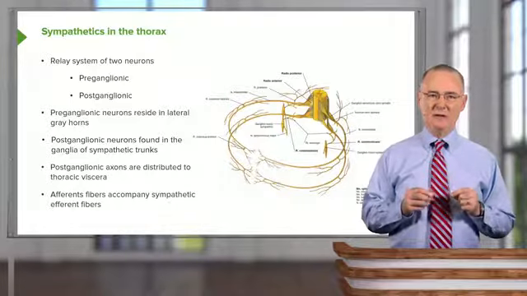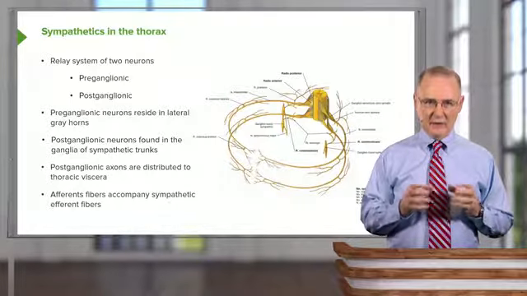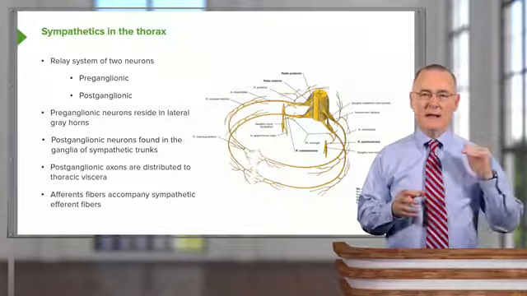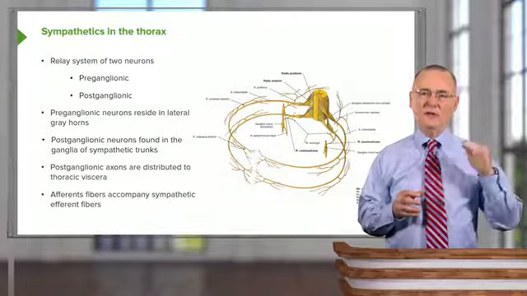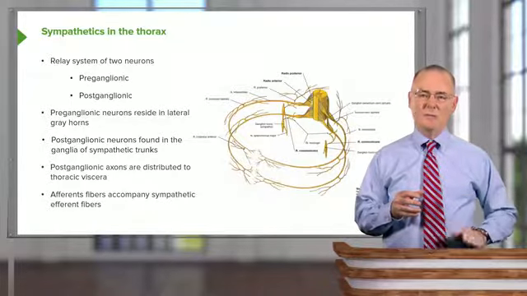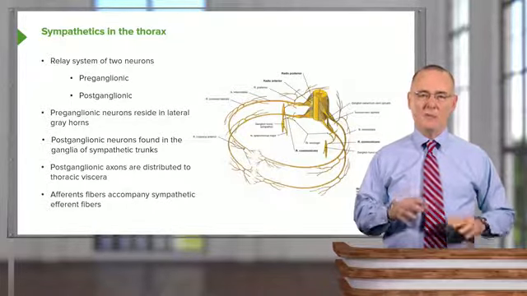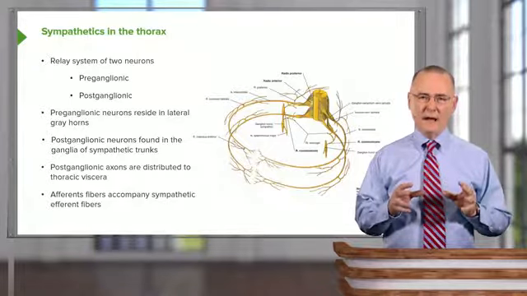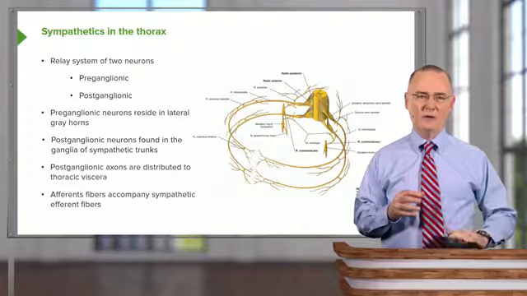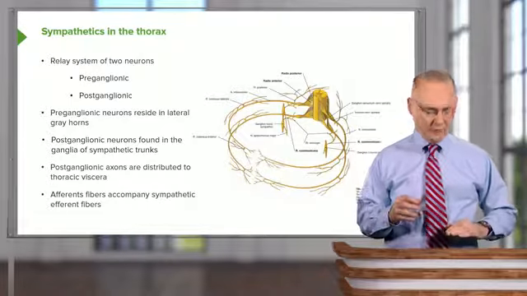The preganglionic neurons' cell bodies reside within the spinal cord at the following levels: T1 down to T12, L1, L2, and maybe as low as L3. But we're within the thorax, so we're only going to operate at T1 down to the T5 spinal cord levels.